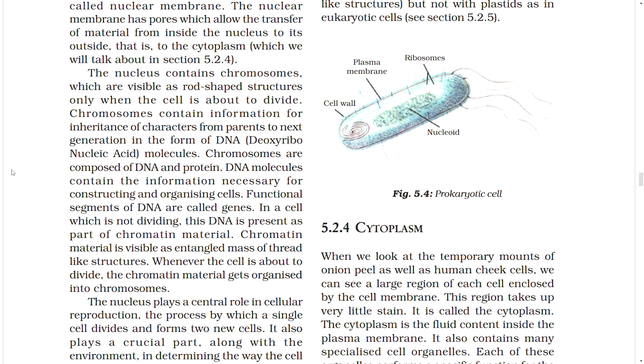Functional segments of DNA are called genes. In a cell which is not dividing, this DNA is present as part of chromatin material. Chromatin material is visible as an entangled mass of thread-like structures. Whenever the cell is about to divide, the chromatin material gets organized into chromosomes.